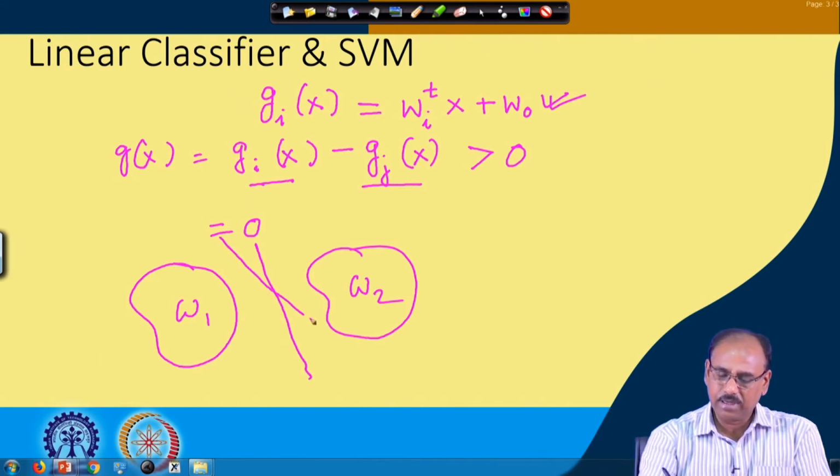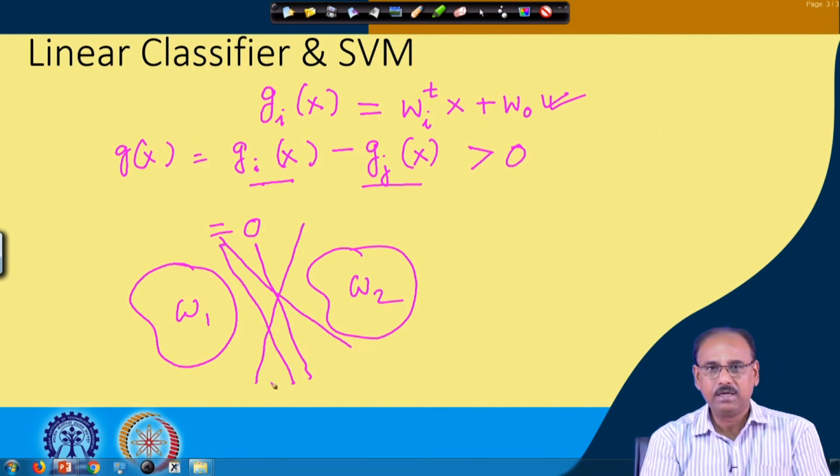I can have a line over here, a line here, a line here, and so on. So, there are multiple solutions possible. And out of these multiple separating planes, some give you a lesser margin, some give you a higher margin.